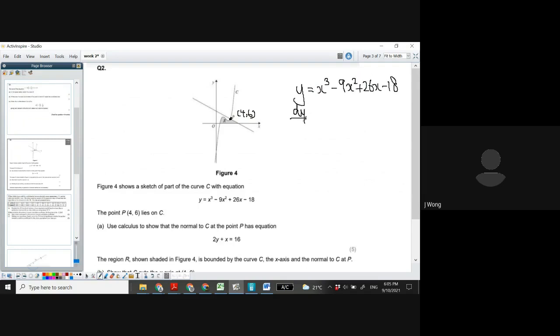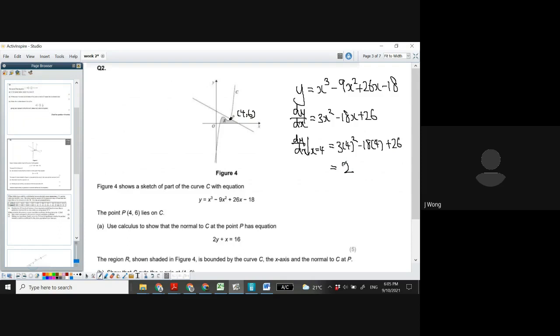So dy by dx is going to be 3x squared minus 18x plus 26. And if I would like to find the gradient at point P, what I need to do then is to substitute x equals to 4 into it, and I'll have 3 bracket 4 squared minus 18 times 4 plus 26. Then just put it into the calculator, and you should be able to get 2.